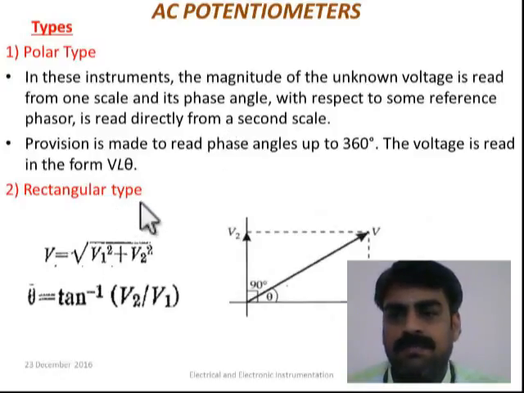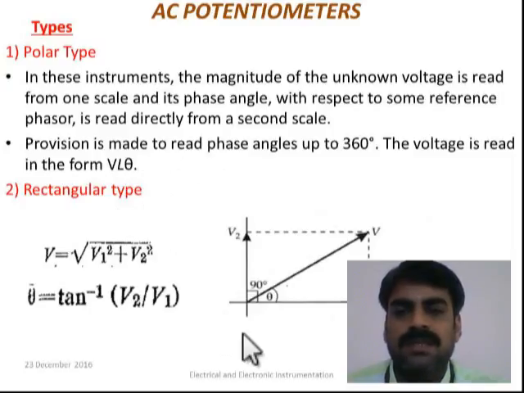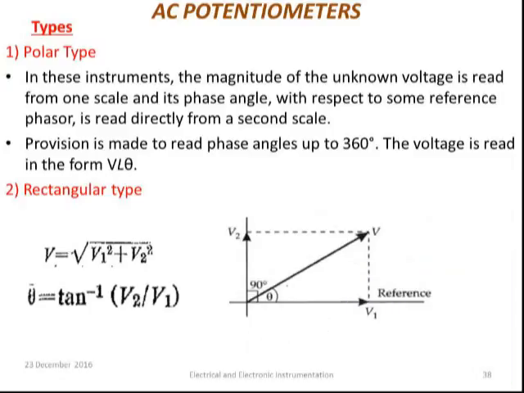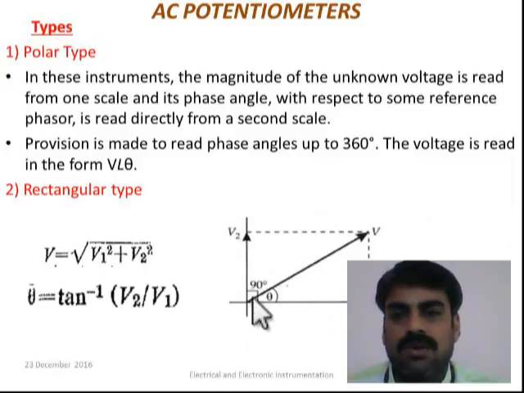Whereas in the rectangular type, here also there will be two dials. From one dial we can measure the in-phase component voltage V1, along the x-axis, and from the other the quadrature phase voltage V2, along the y-axis.